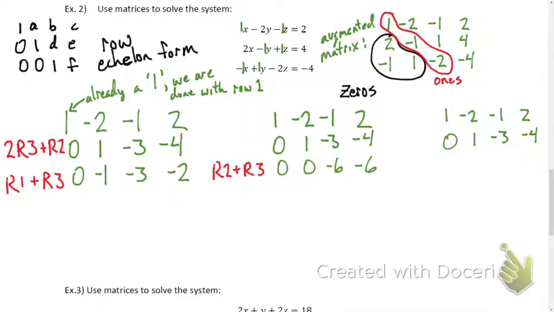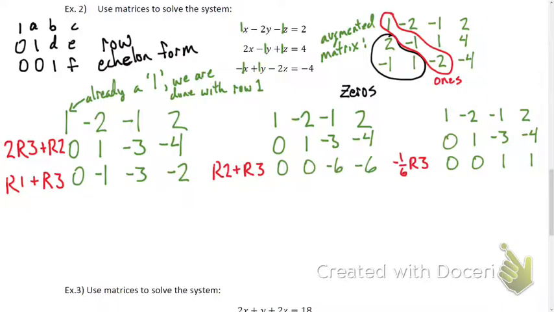So if I multiply by negative 1/6, it'll turn that negative 6 into a 1. Coincidentally, the last number is also now a 1.